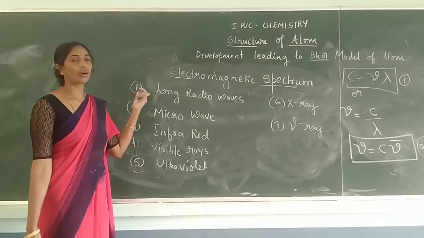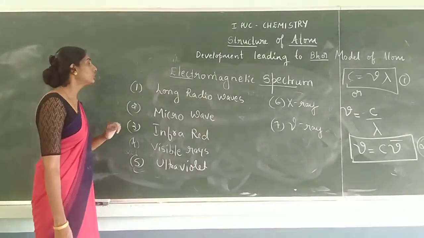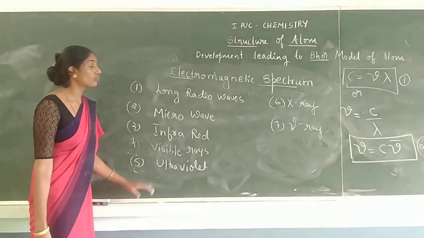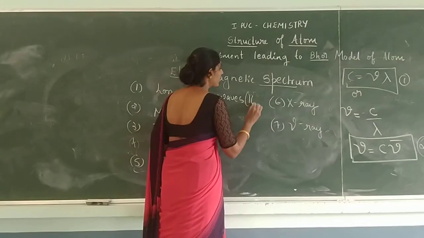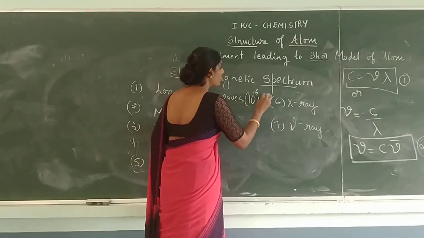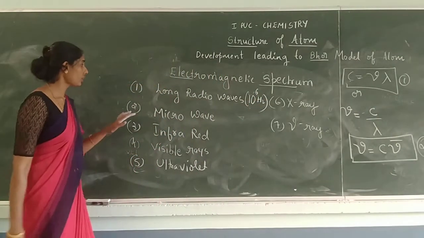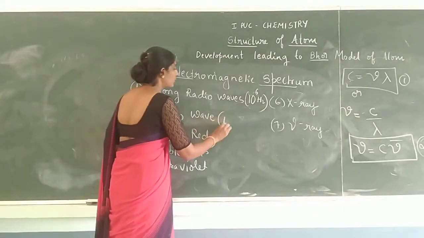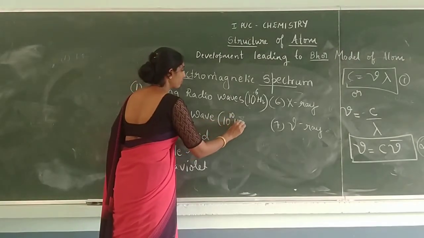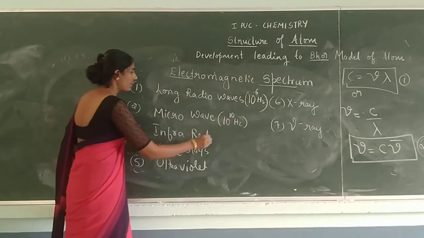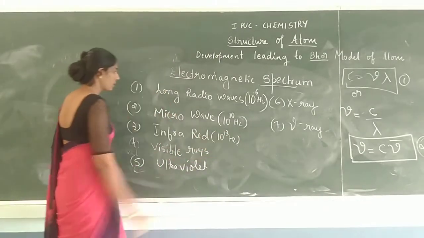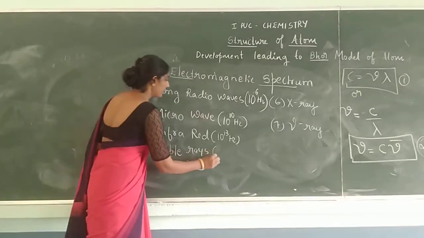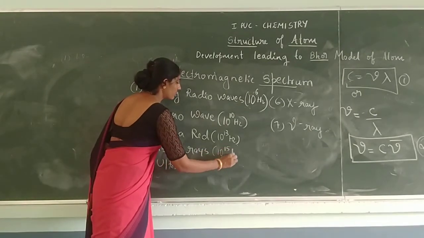Long radio waves are used in broadcasting. You must know the frequency range. Long radio waves have a frequency range of 10 to the power 6 Hz. Microwaves 10 to the power 10 Hz. The infrared waves 10 to the power 13 Hz. The visible is 10 to the power 15 Hz.